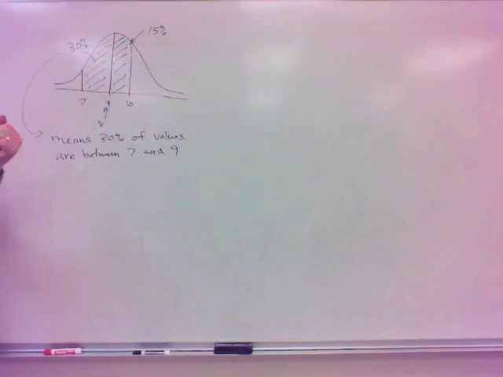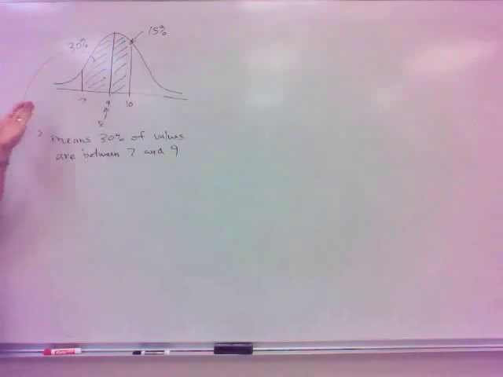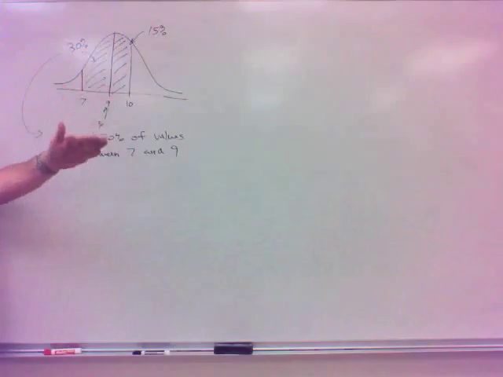Theoretically, any value, decimal, fraction-wise, is possible on a normal distribution. In other words, you're not just limited to 7, 8, 9, 10, 11, 12 here. It's a continuous distribution, meaning you don't just get a fixed number of values. Anyway, that's kind of a side point.